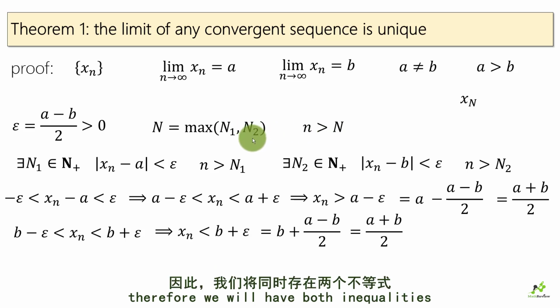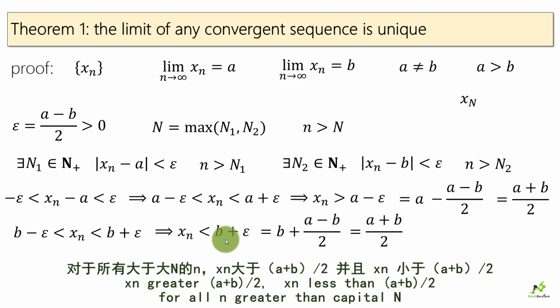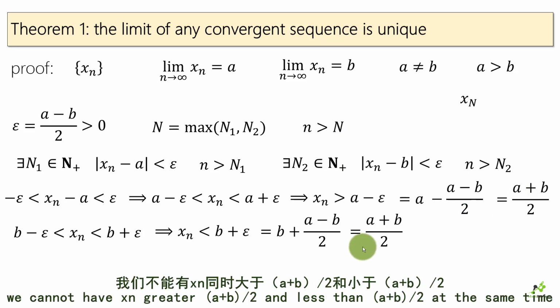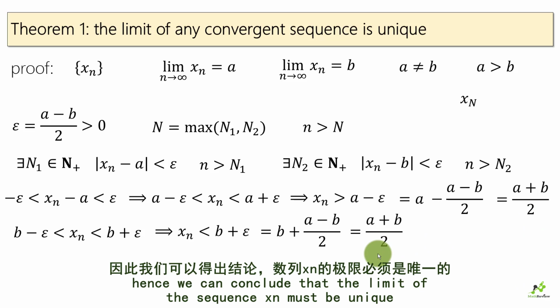Therefore, we have both inequalities: xn greater than (a plus b) over 2, and xn less than (a plus b) over 2, for all n greater than capital N. This is impossible. We cannot have xn greater than (a plus b) over 2 and less than (a plus b) over 2 at the same time. Hence, we conclude that the limit of the sequence xn must be unique.